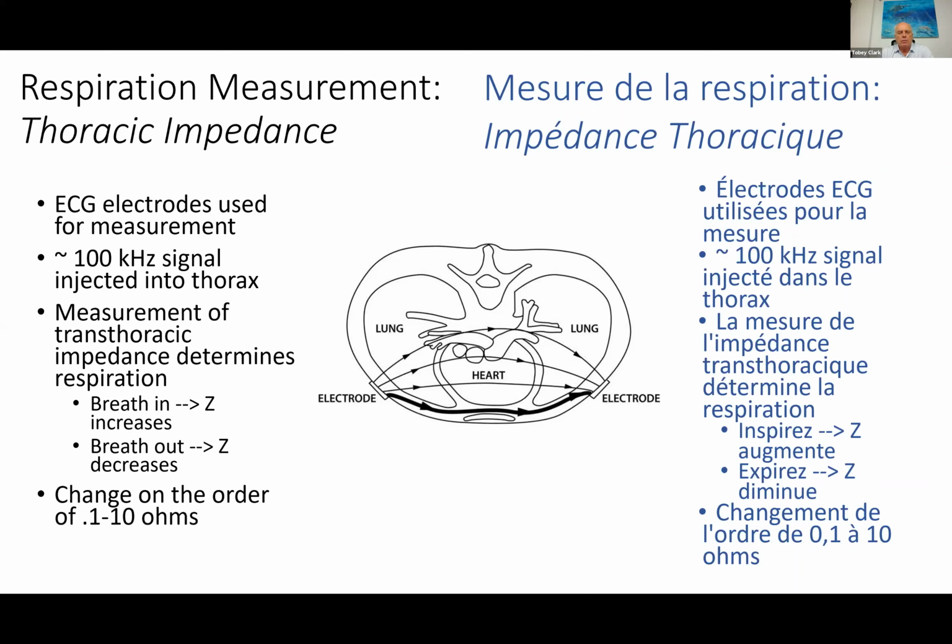The order of change is very low, 0.1 to 1 to 10 ohms about. But one other thing about the diagram, you can see that there are arrows showing where the current goes, and the arrows are very thin, actually going through the lung. Actually, when you do this technique, most of the electricity goes along the surface where the blood is, because blood is a much lower resistance than the lungs themselves.